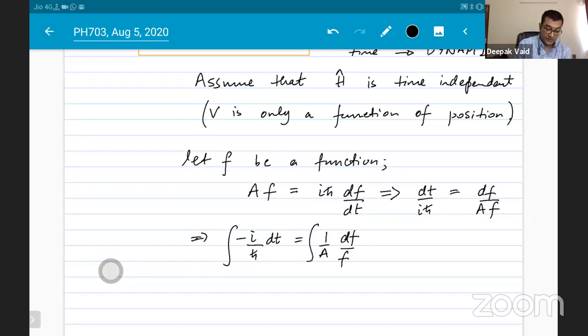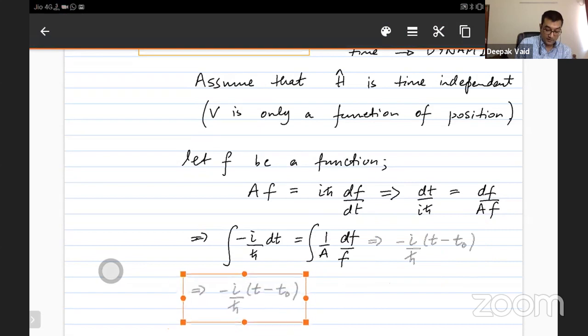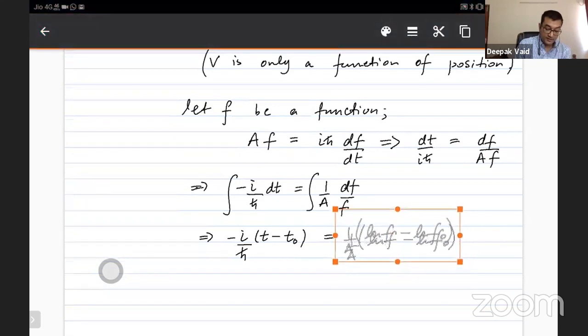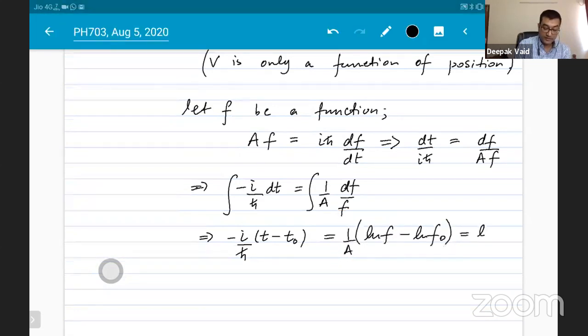When I integrate both of these sides, what do I get? On the left, I get minus i by h bar (t minus t naught). On the right, what do I get? I get 1 by A log of f minus log of f naught. This is a very simple integral. You all, I'm sure, have done these integrals many times before.